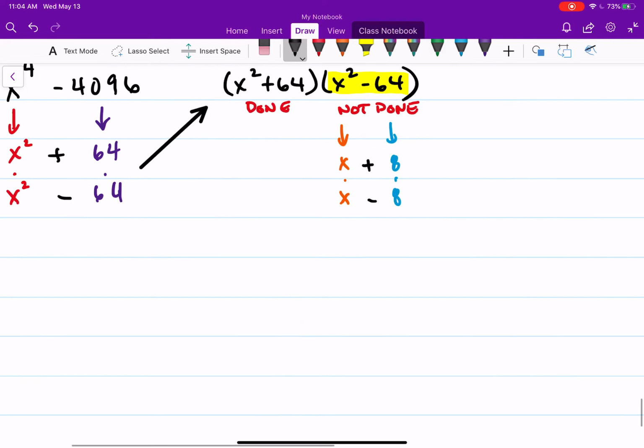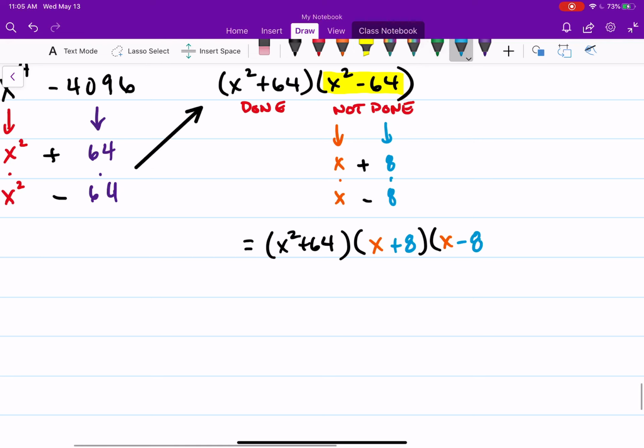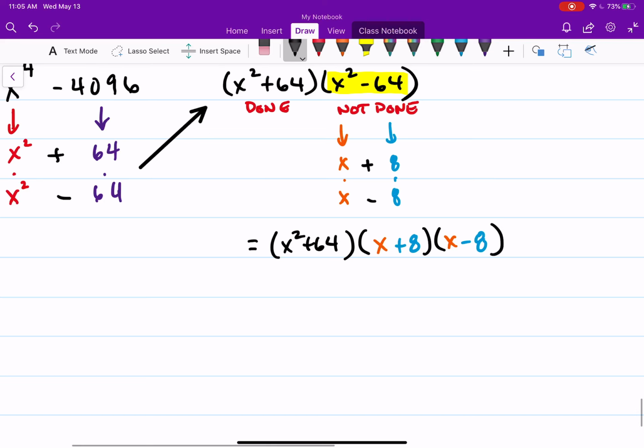So now I can say that this is equal to x squared plus 64 times x plus 8 and x minus 8. That, ladies and gentlemen, would be my answer.